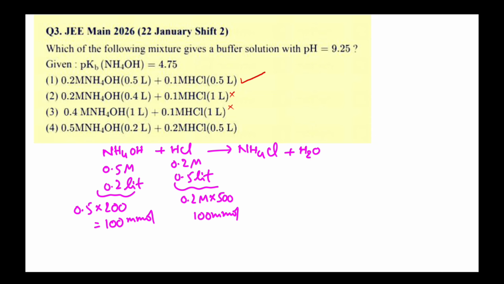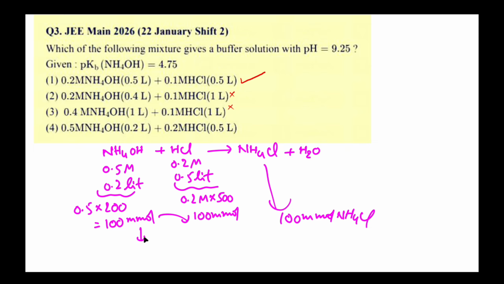So here 100 millimoles of NH4OH treated with 100 millimoles of HCl gives 100 millimoles of NH4Cl. So here total NH4OH is consumed.